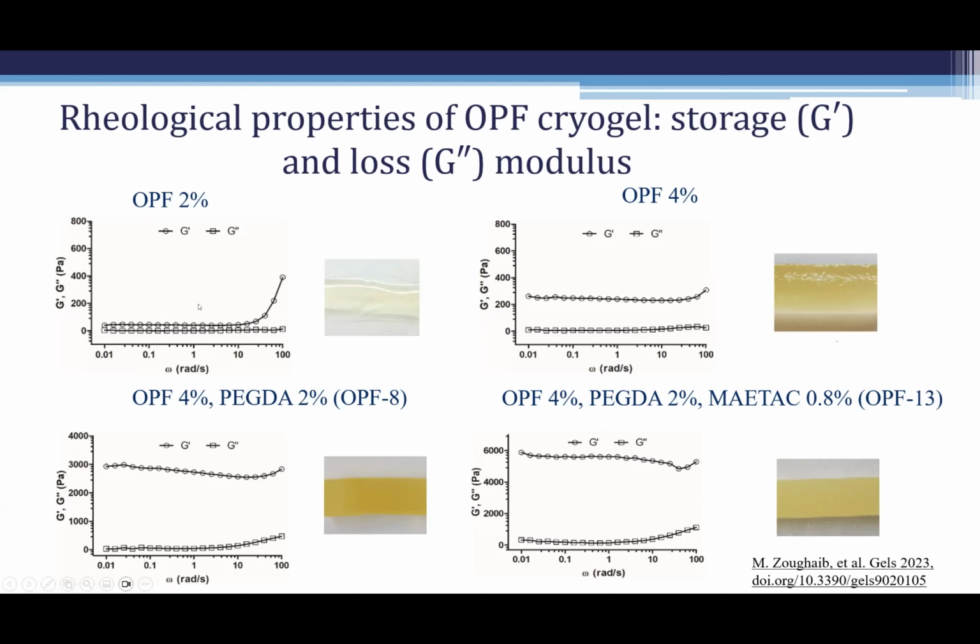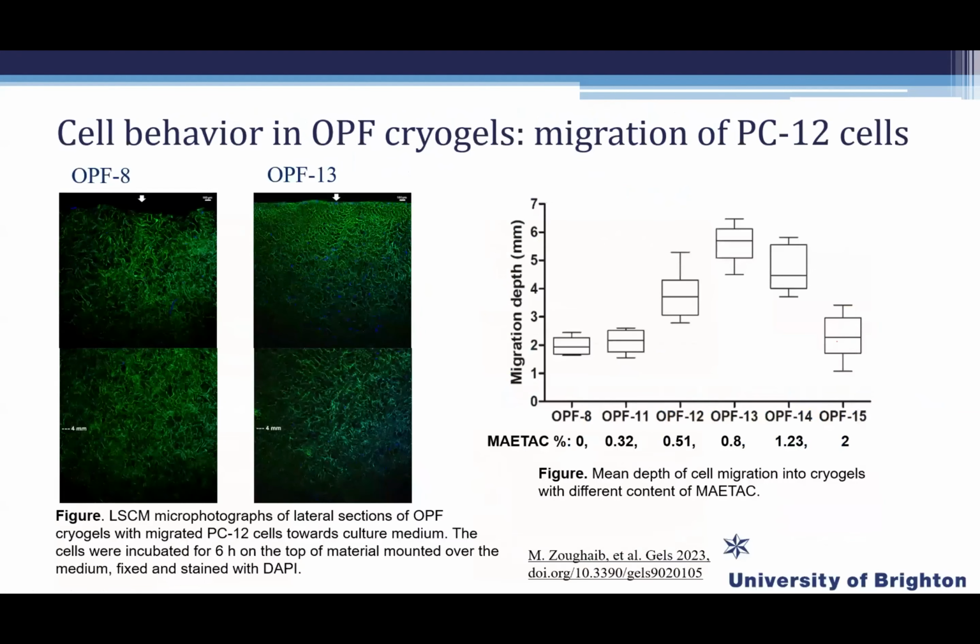You see a considerable difference: the higher the concentration, the better the mechanical properties and the more stable the gels. When we add the additional cationic monomer, we don't see a profound decrease in the mechanical properties.